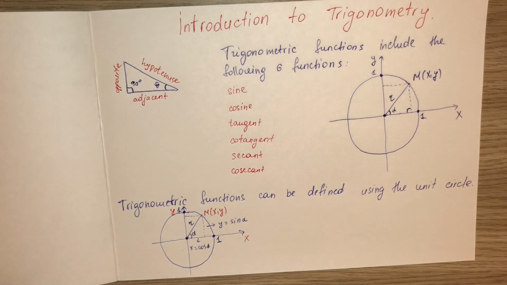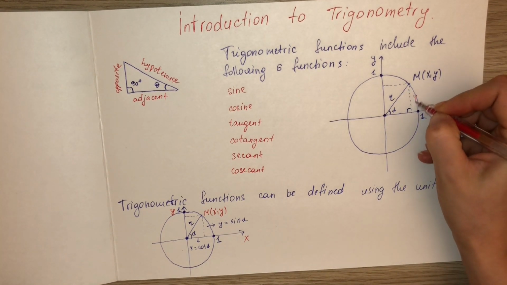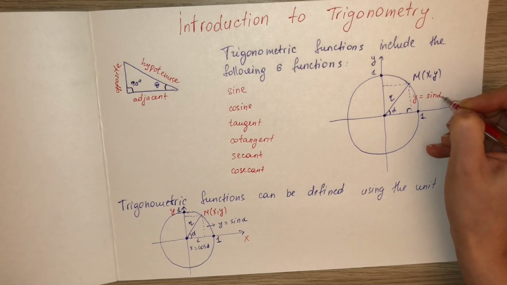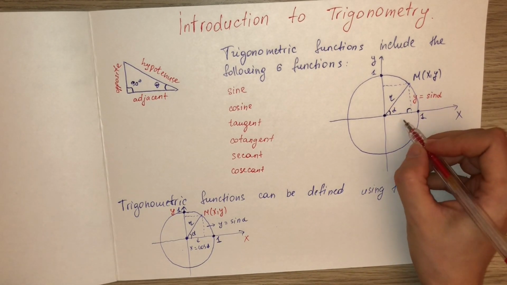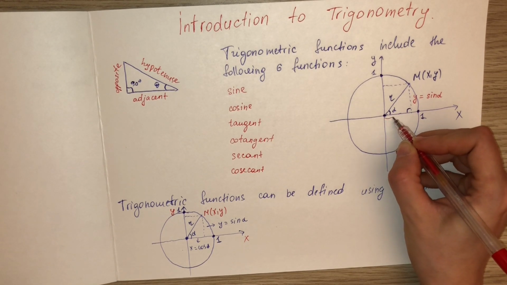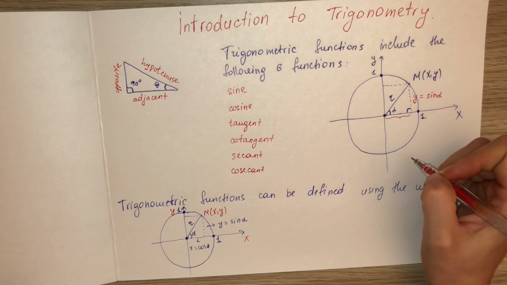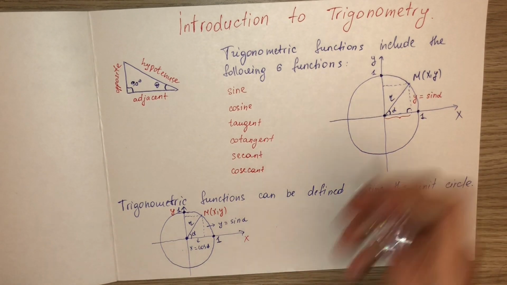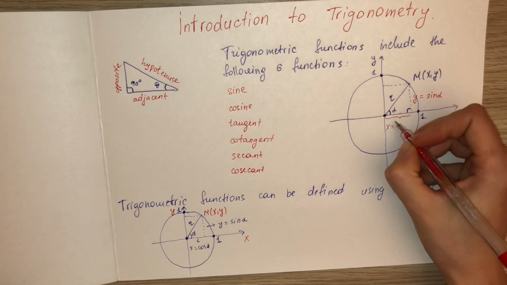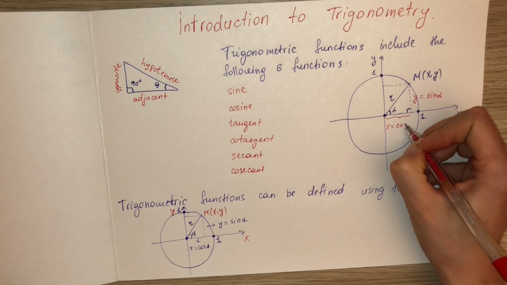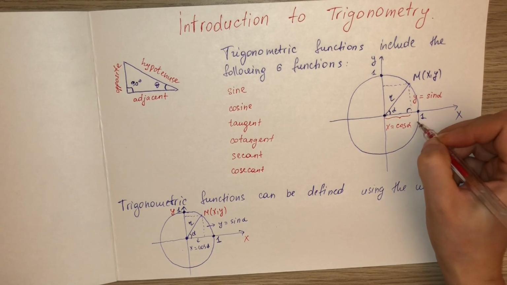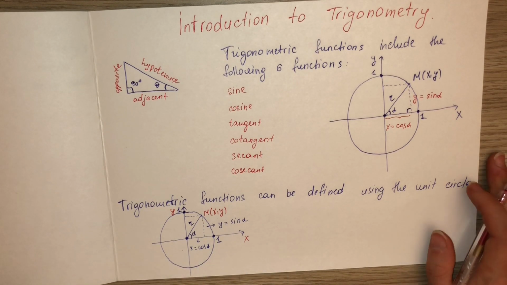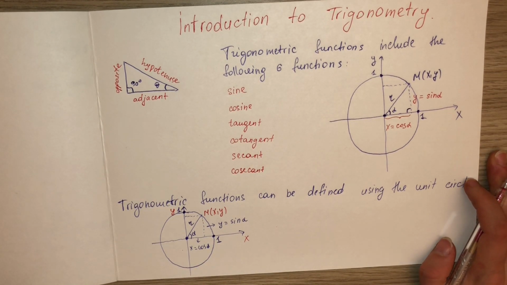This is y, that is equal to r sine alpha, and this is x, that is equal to r cosine alpha. I think it's more clear than this one. Okay.